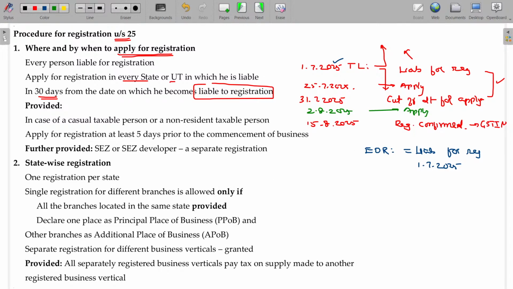You violated the condition that you have to apply within 30 days. If you violate, then in this case, effective date of registration is equal to the date of receipt of registration, registration as well as receipt of GST number.